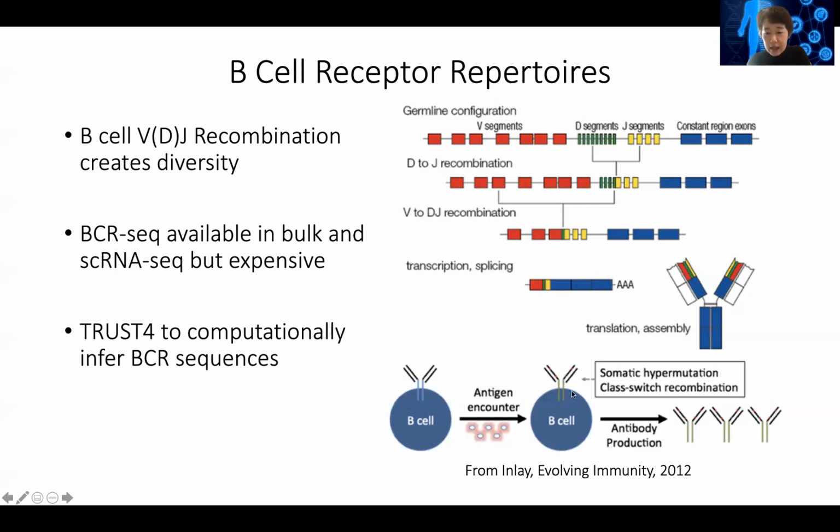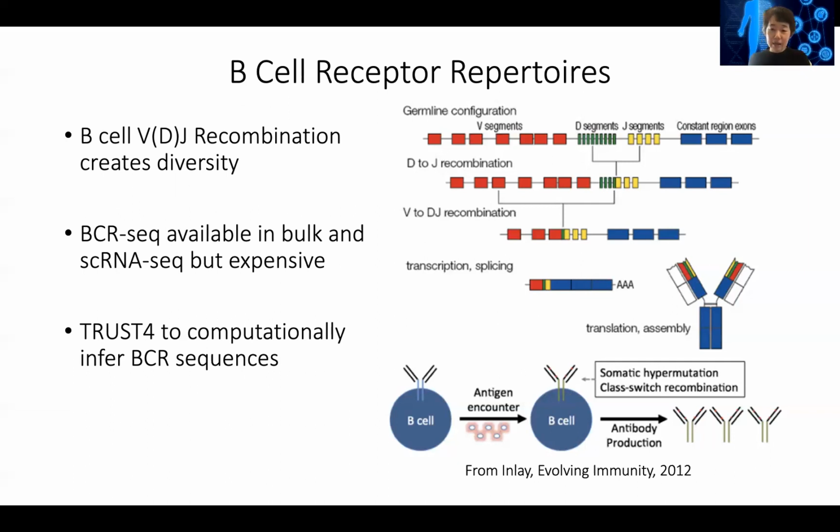In addition, for the constant region, you can see here that initially there is IgM, which is usually for naive B cells, but the constant regions can also change. And when the antibody is released to the outside, the constant regions can be different. This is similar to when you call 911, there could be an ambulance, a firefighter, or a policeman.